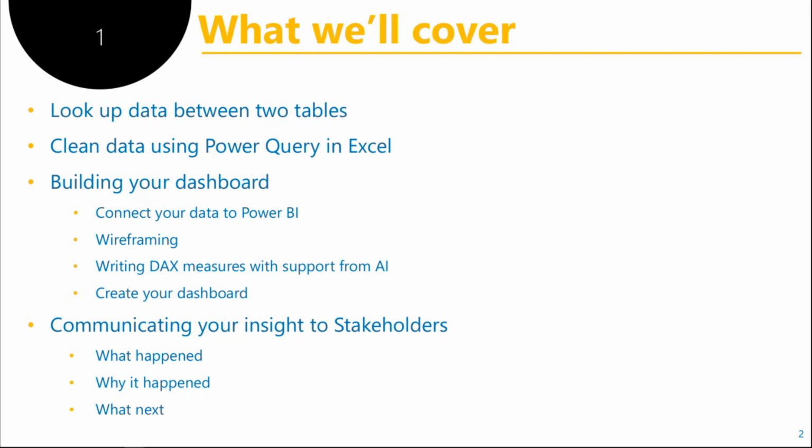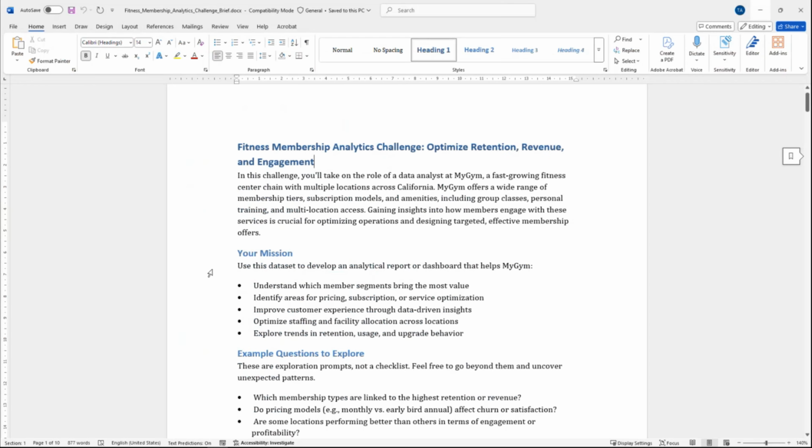So I will start off with something I worked on recently, which was more like a challenge, and I'll use that more like the brief. So this was a data set that was provided, and I would go through working through this on gym data for people who attend the gym.